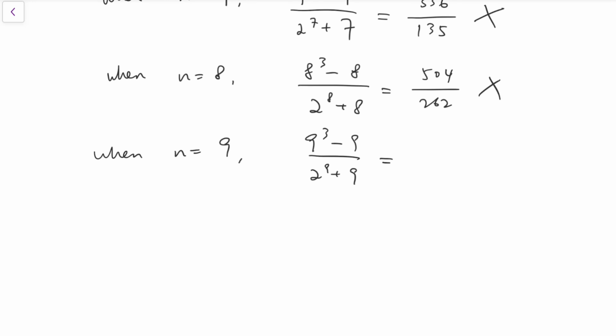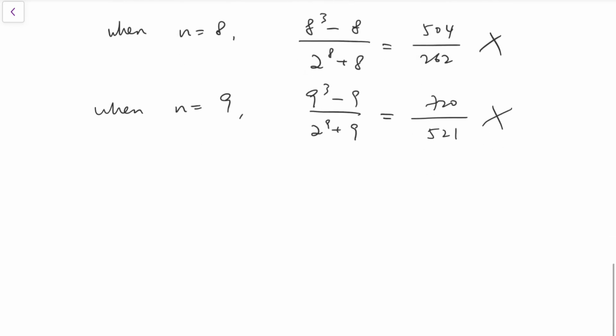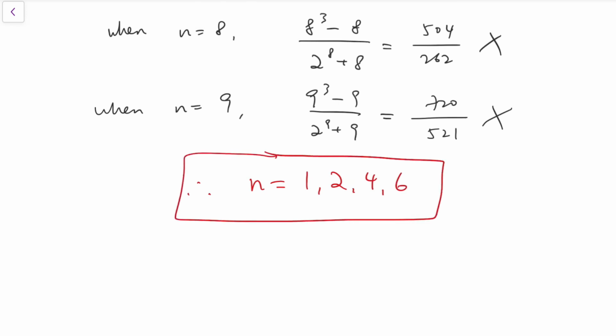Both fractions, in fact, are between 1 and 2. And so therefore, we have checked all possible cases, and we can conclude that n is either 1, 2, 4, or 6. So this is the final answer.